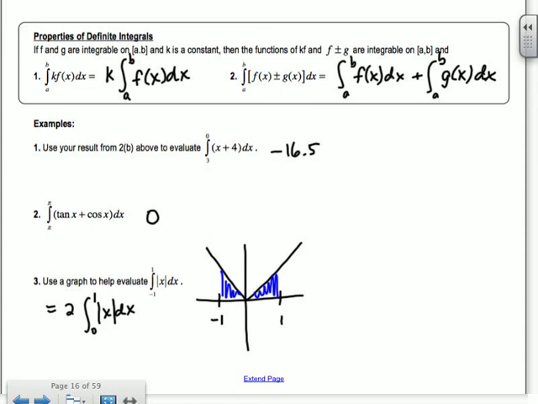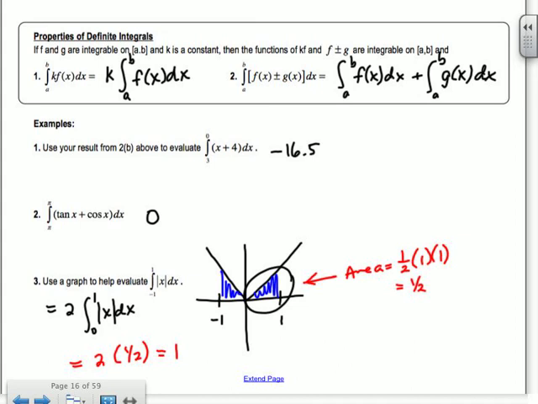All right, so what's the area of this triangle? It's 1/2 base times height. The height would be 1, makes sense. Absolute value of 1 is 1. So that's 1/2, but I have 2 of them, so 2 times 1/2, so you get 1. Yay, geometry.